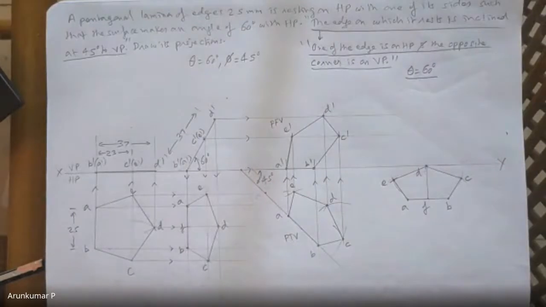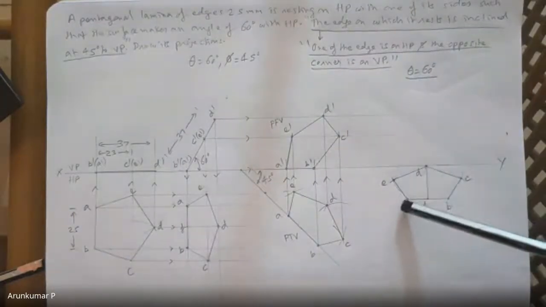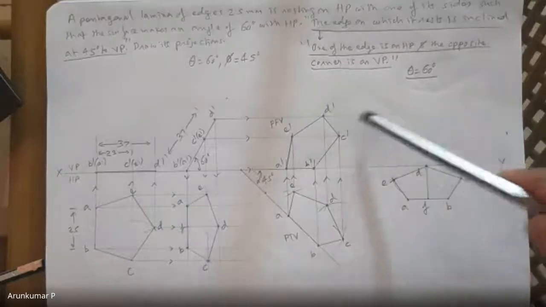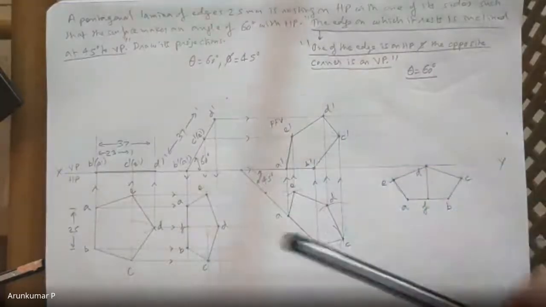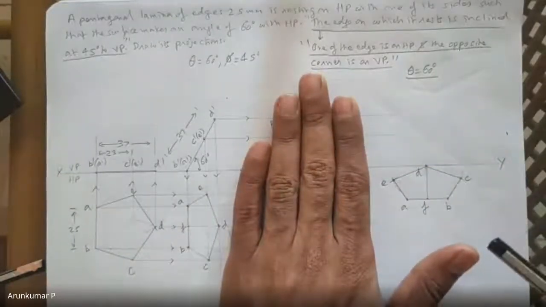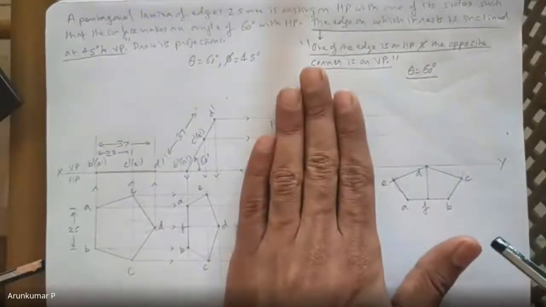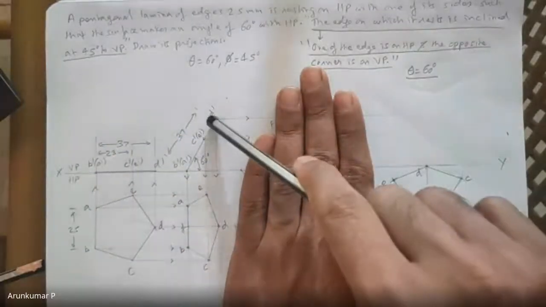Now all I have to do is project. So 5 vertical projectors and 3 horizontal projectors. Please don't refer to this third step because this belongs to a different problem. You have to directly project from the second step here.